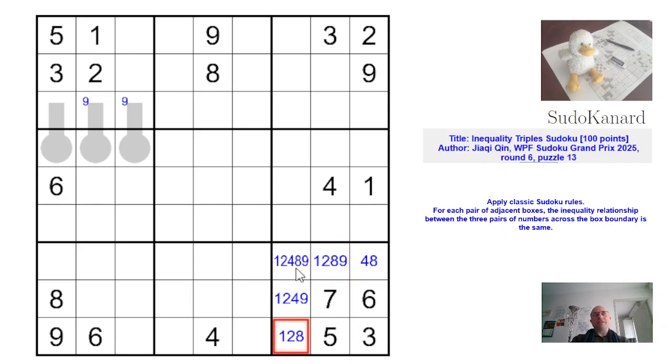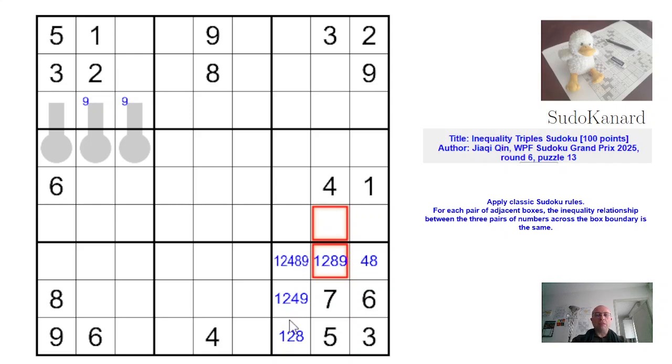And something that follows from the rule is that 1 and 9 can't be on the same side. If I try 1 here and 9 there, then the inequality here and there, those inequalities are not in the same direction, which breaks the rule.